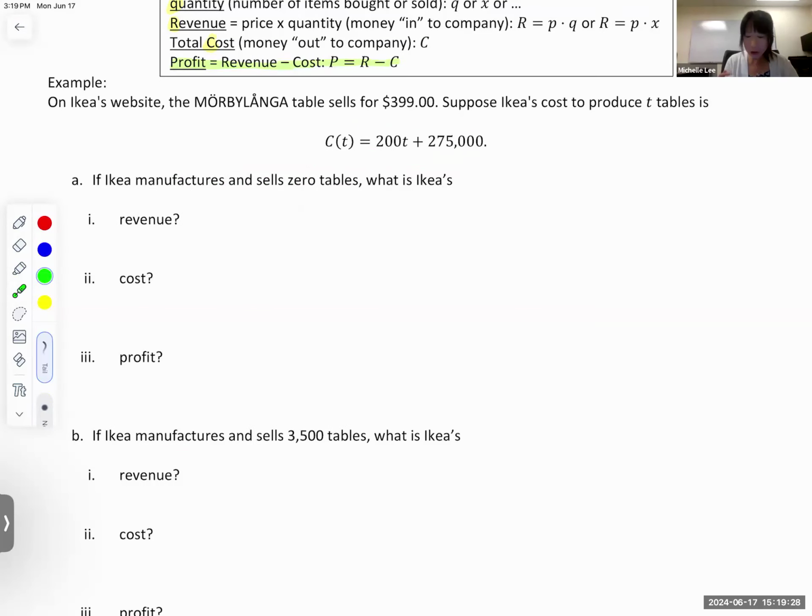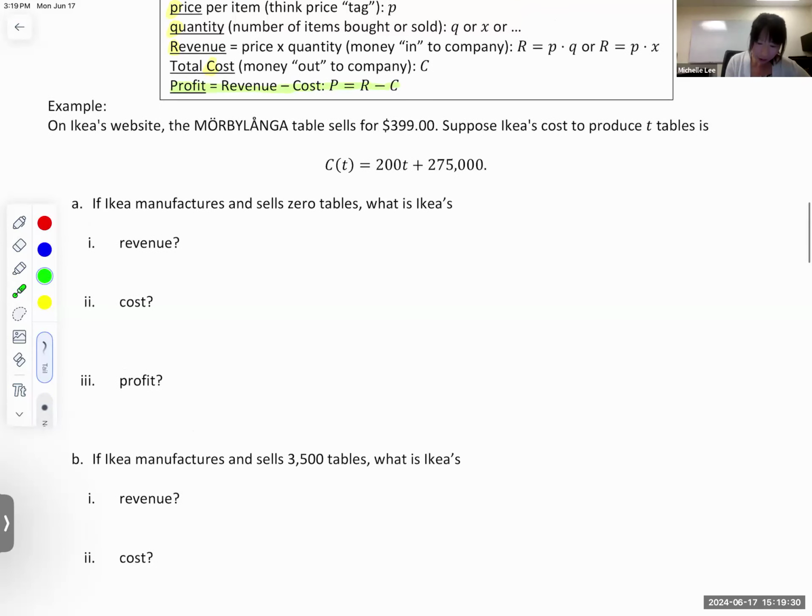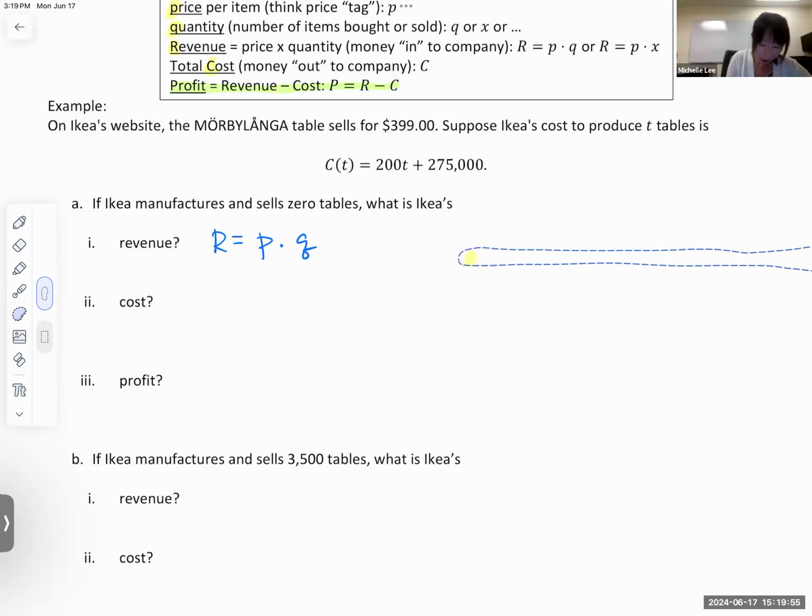Okay, so let us do this one. What's the revenue? Revenue is price. So R equals price times Q. So just to recall, P means price, Q means quantity, right?